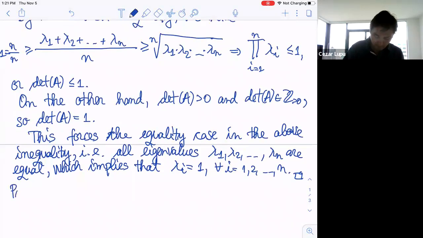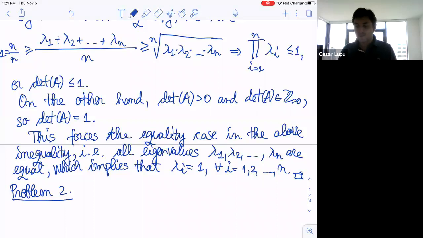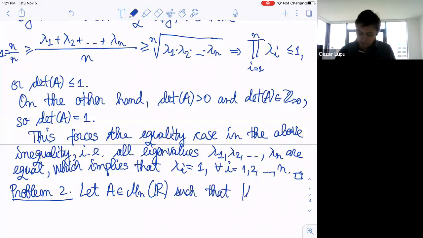So problem 2, which says the following. Let's consider this matrix A, an n by n matrix with real entries, such that the trace of A in absolute value is strictly greater than n.